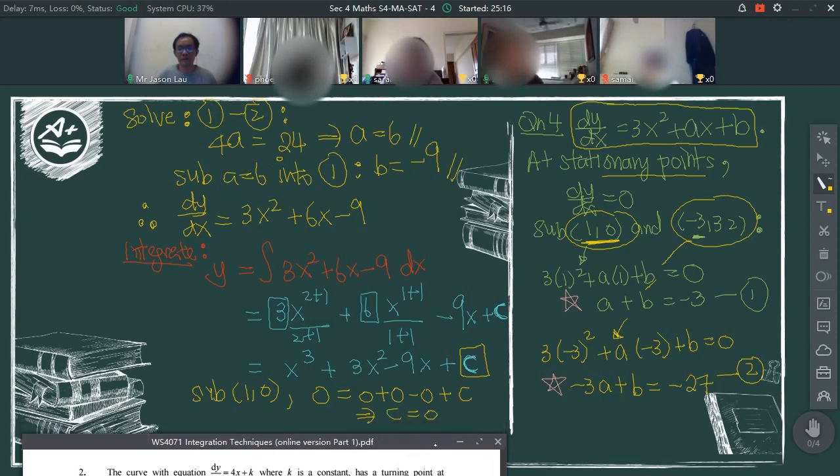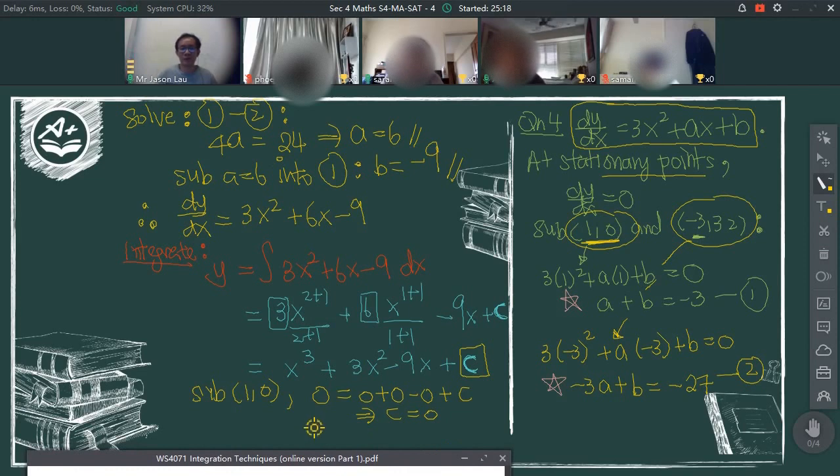So c is 0, right? Once your c is 0, done already. Therefore, the equation has to be y equals x cubed plus 3x squared minus 9x. Then no more c, because the c becomes 0.